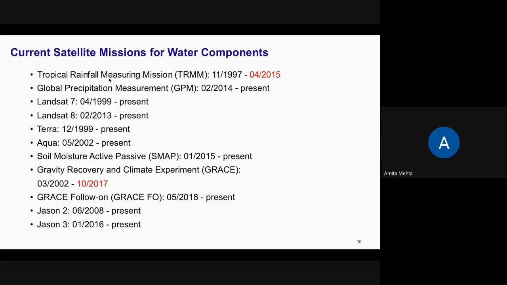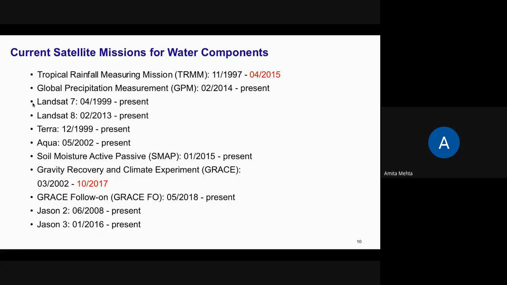So again, this is about the temporal coverage of all these missions. TRMM and GPM combined cover data from 1998 to present, so precipitation data are available for more than 20 years now. The Landsat mission is the longest flying mission, started in 1972, and it's continuing. It's high-resolution data for land observations, and it is now also used for water quality monitoring.